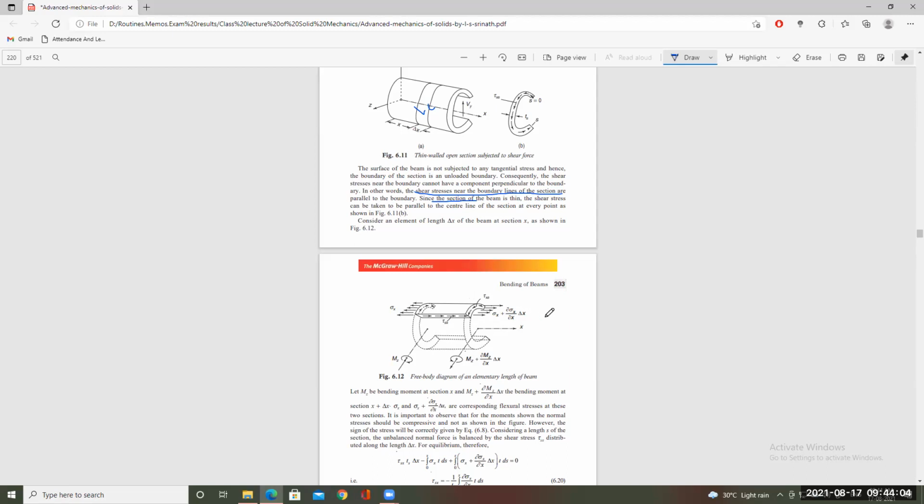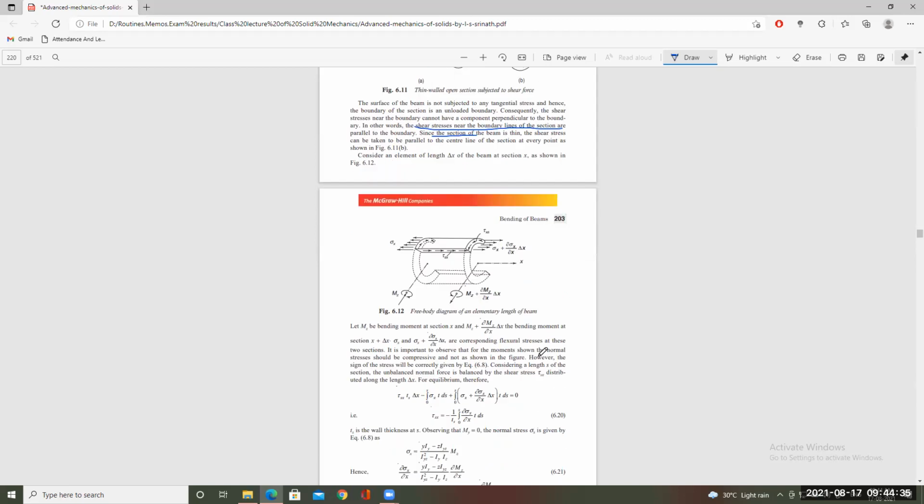And here is a bending moment, a moment vector, which increases from Mz to Mz plus dMz by dx into delta x, meaning the rate of increase of bending moment across the section along the x axis. So this whole should be under equilibrium.